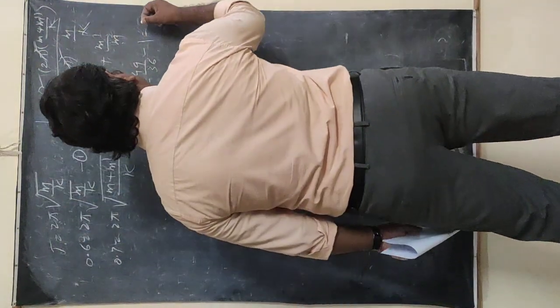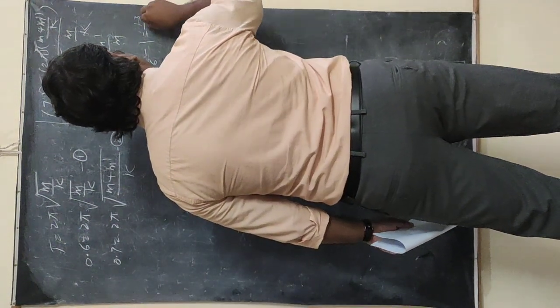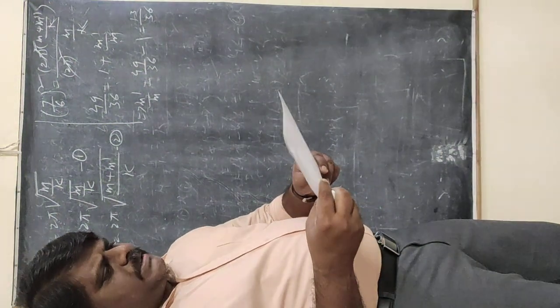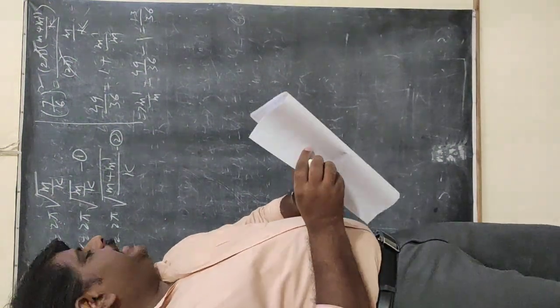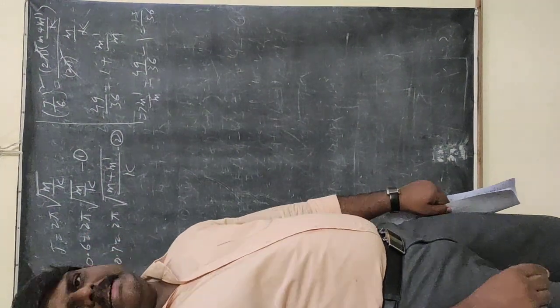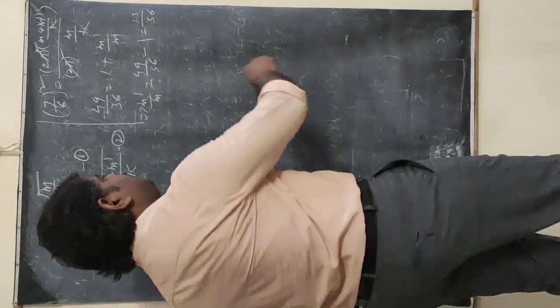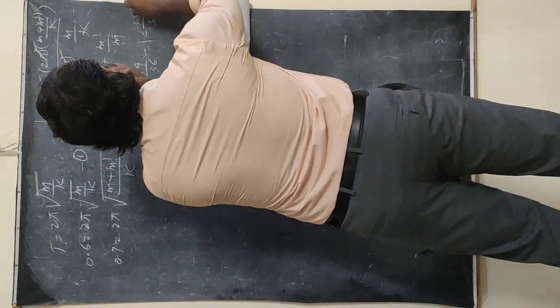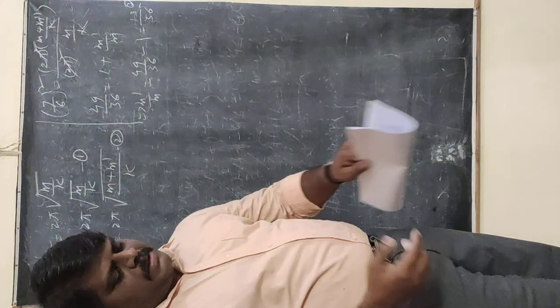That means it becomes 13 by 36. So m dash by m equals 13 by 36, and you can call it equation number 3.